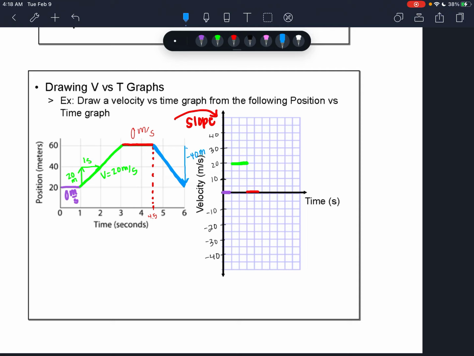I'm going from 60 all the way down to 20. But my run is not a simple 1 second. I'm going from 4.5 seconds to 6 seconds. So my run is 1.5 seconds. So if I wanted to find my velocity, I'd take my displacement divided by my time.